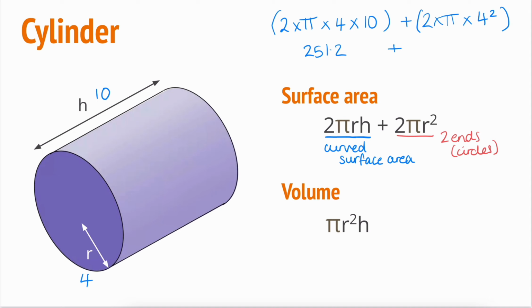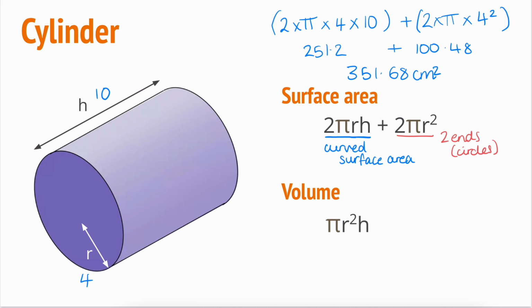So I'm just typing in 2 times pi times 4 squared, and that gives me 100.48. So in total there, I have 351.68. And that is centimeters squared because it's an area, it's a surface area that I've done.